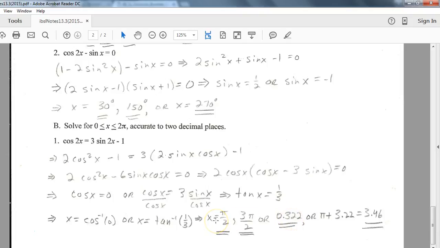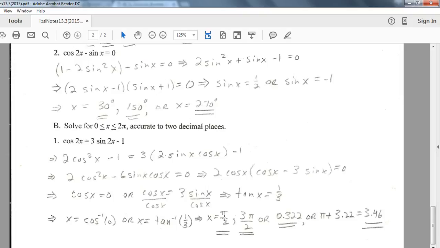Now in this particular problem, if I were doing this on a test, I would mark this wrong. So would IB, because the directions here said 2 decimal places. So if the directions say something specific like this, you have to do that. If I left my answer as pi over 2, even though that's the right answer and it's exact, these directions said specifically 2 decimal places.